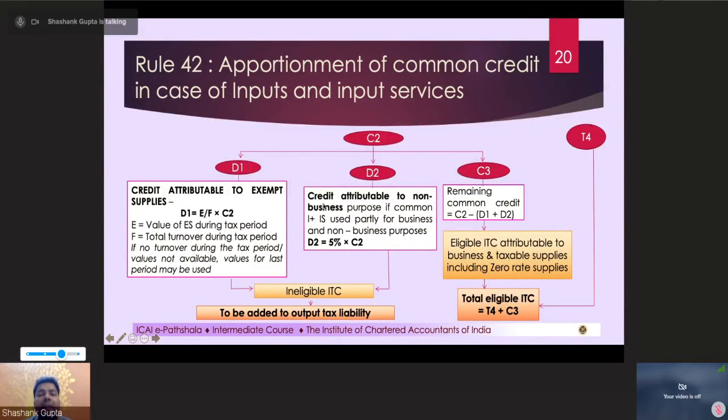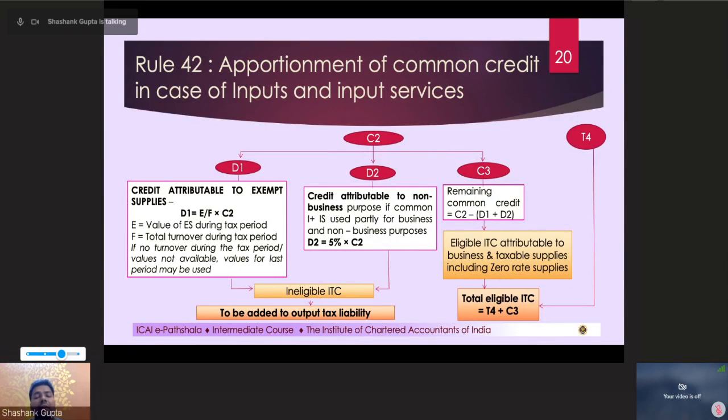For determining the percentage attributable to non-business purpose, law has given a simple formula. Calculate 5% of common credit. So, for our case, suppose the common credit was 10 lakh rupees, so 5% of 10 lakh will be 50,000. So simply this 50,000 needs to be done away with, and the balance can be available. So first we need to multiply this common credit by exempt turnover by total turnover.